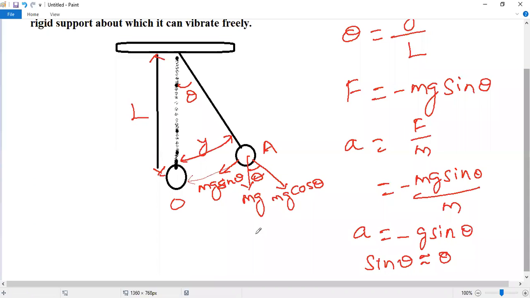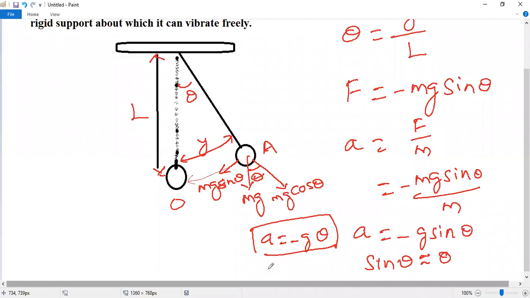So you will get a equal to minus g theta. And what is the value of theta? Theta is equal to y by l. Then a is equal to minus g y by l. Up to that you can note it.